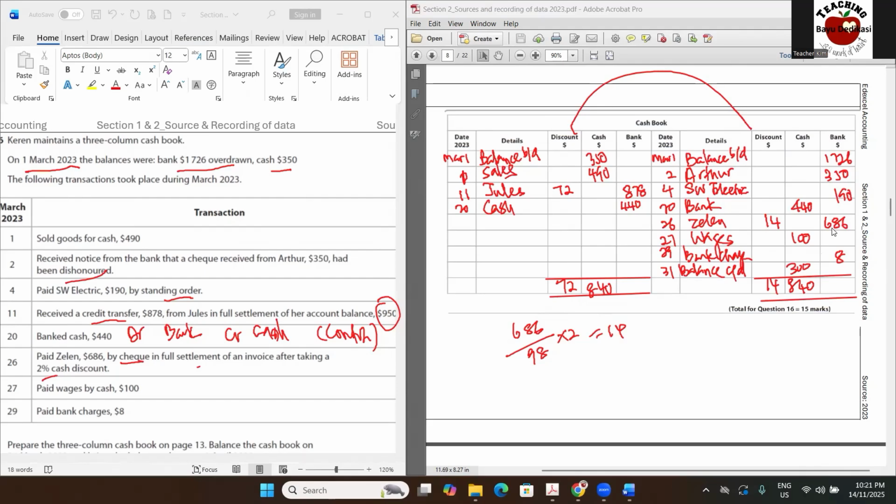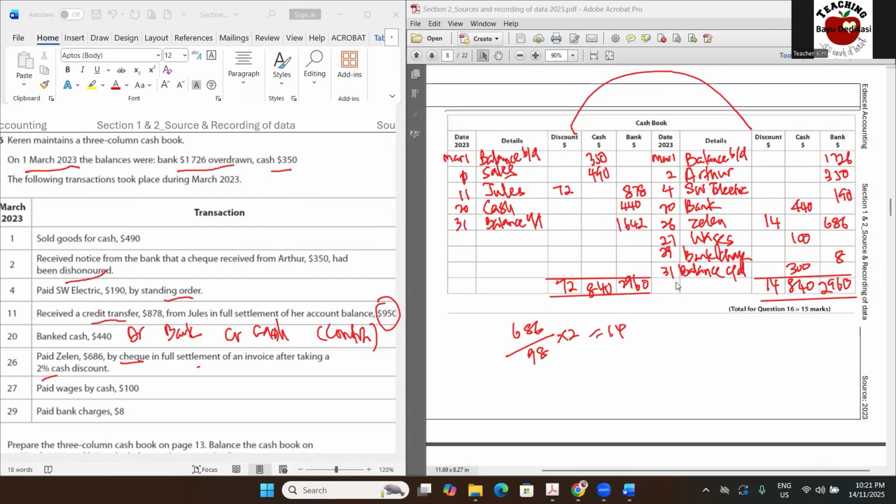So it seems that in the bank account the credit is more. So the total is 2960. In this case, we will expect the balance c/d for the bank on the debit side. So take 2960 minus these two amounts, then you will get 1642.